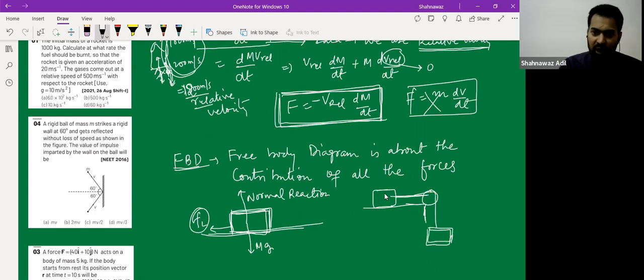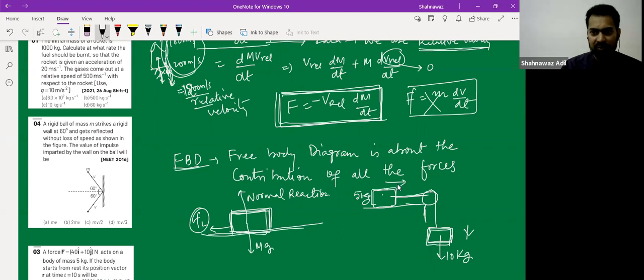So there are two bodies, one is this and the other one is this. If this one is heavier, let's say this is 10 kilos and this is 5 kg, right? So this will move this way and this will move this way, right? So this will pull this one.